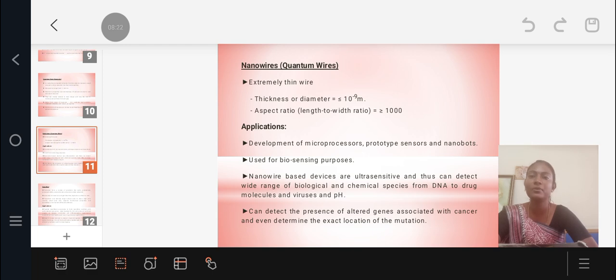Used for biosensing, nanowire-based devices are ultra-sensitive and thus can detect a wide range of biological and chemical species from DNA to drug molecules, viruses and pH. They can detect the presence of altered genes associated with cancer and even determine the exact location of the mutation.